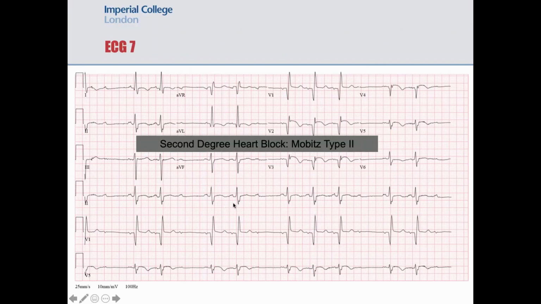In this one, for every 2 to 3 QRS complexes, there's one missing after. So this is your Mobitz type 2. It's important to know that in Mobitz type 2 the PR interval is actually normal, but the main abnormality is that not every P wave conducts through to the QRS.